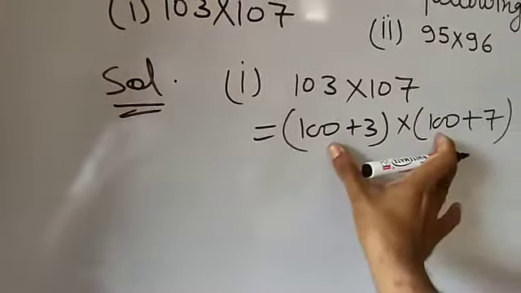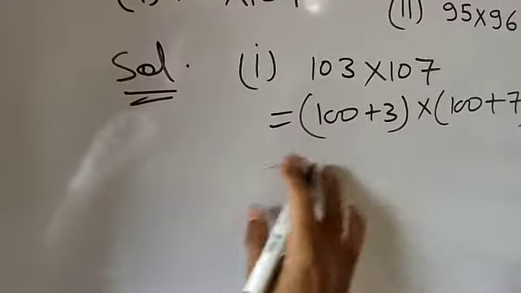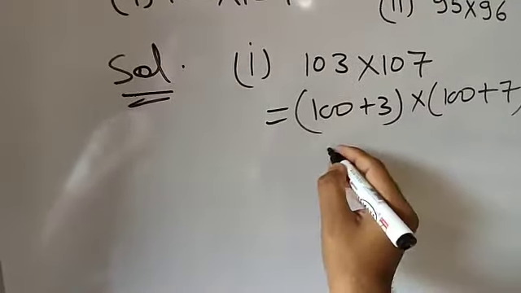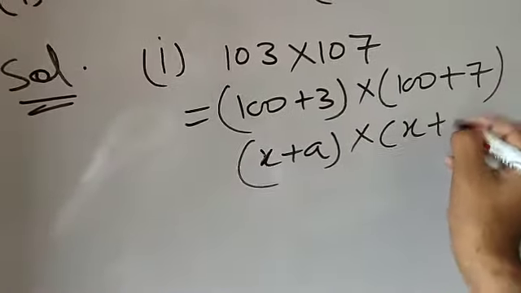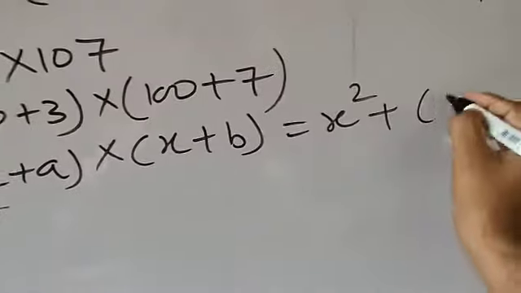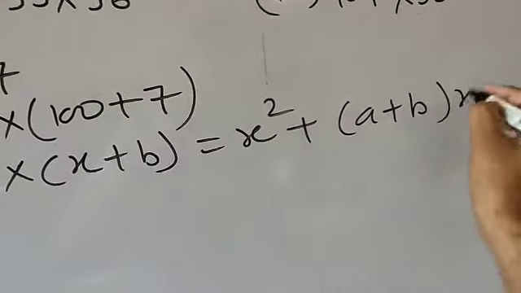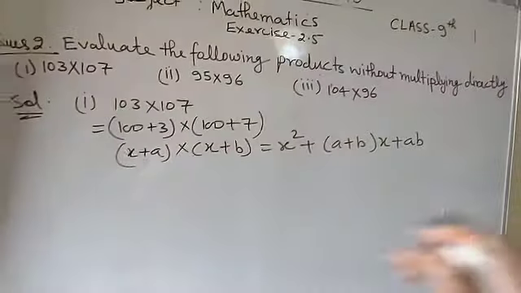Now here the first value in both brackets is the same, so you can use the identity x plus a into x plus b, that is equal to x square plus a plus b x plus ab. Why am I going to use this identity?